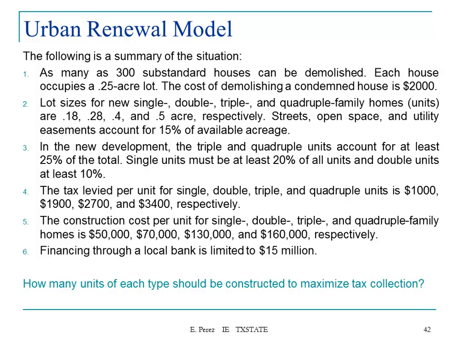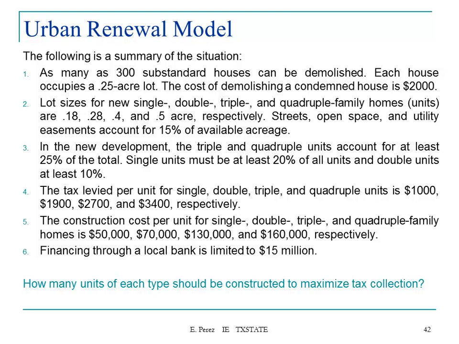We also have the construction cost per unit for each type, and a limitation in financing, which is 15 million. So the question is, how many units should we demolish and how many units of each type should we build based on that information? And that's a lot of information.